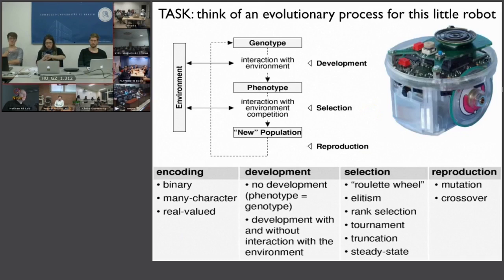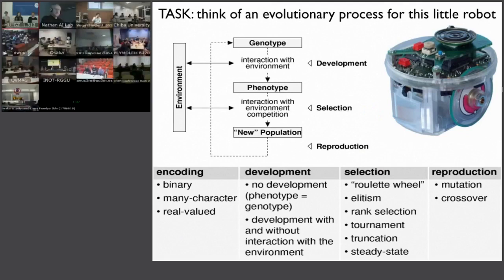So let's take a break now and continue at 9:45 Berlin time. You can draw it on a piece of paper, or hold it to the camera, or just explain it, and then we will see your solutions.